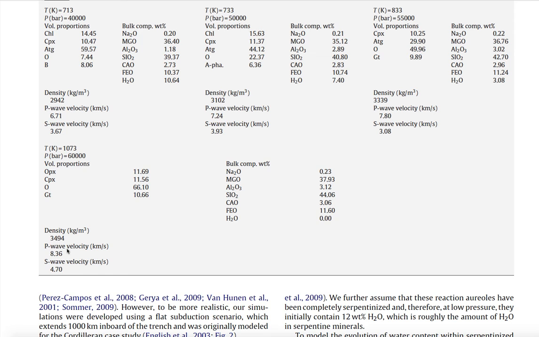The P-wave velocity is faster, and the S-wave velocity is also faster, and these are all values which you can calculate using just thermodynamic databases. Yeah, there are books available, and there is everything written inside what you need for your calculations.